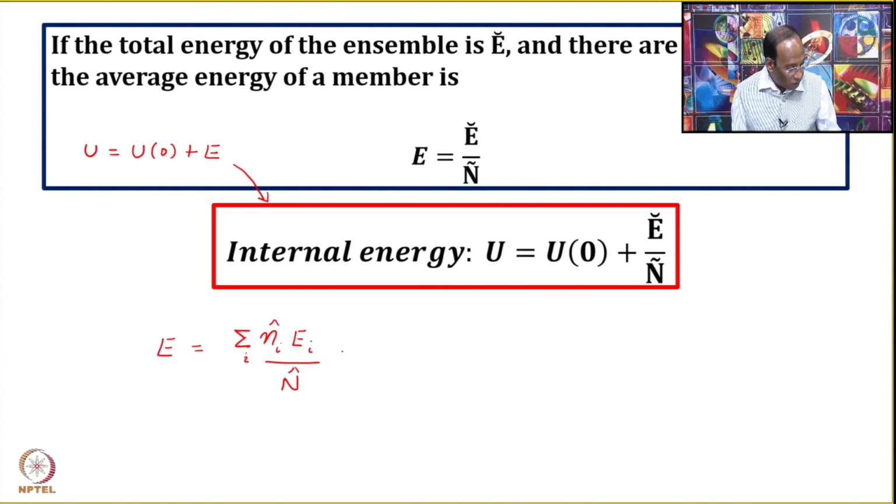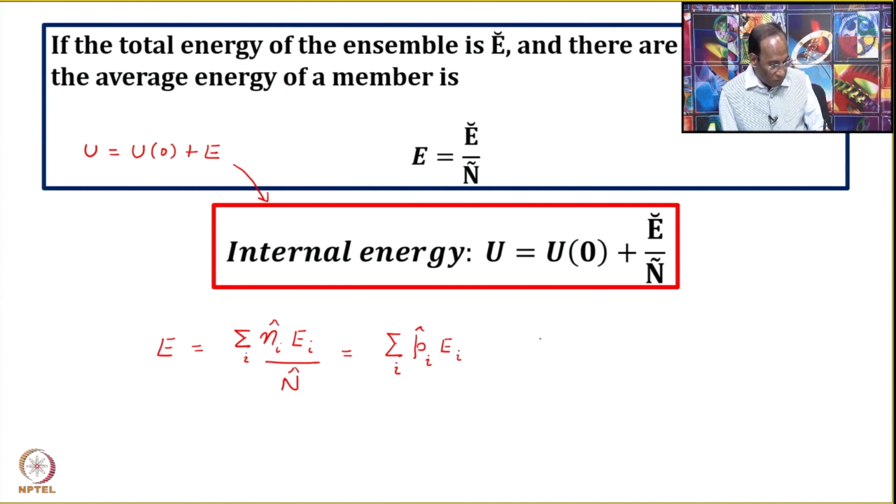This is equal to summation i of the population of the members in ith state, which is equal to Ni by N, and inside we have Ei.